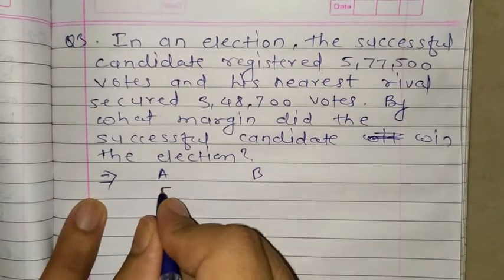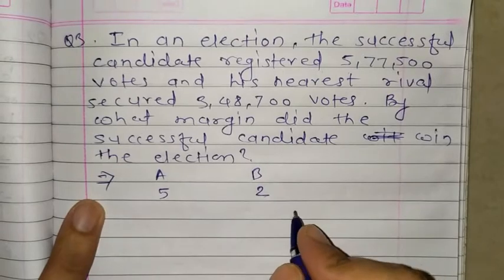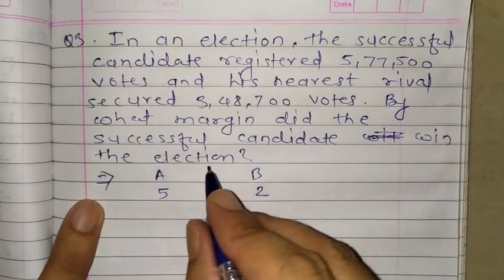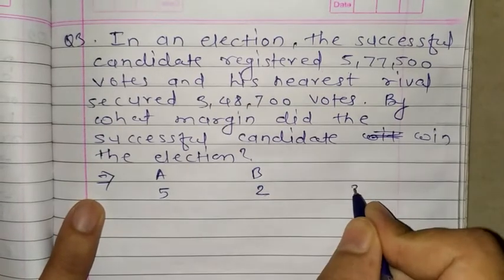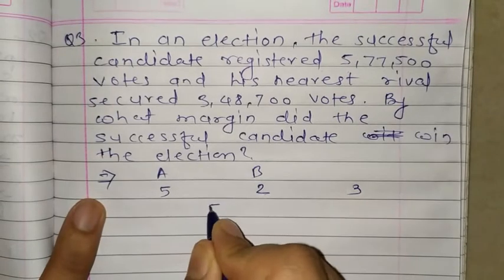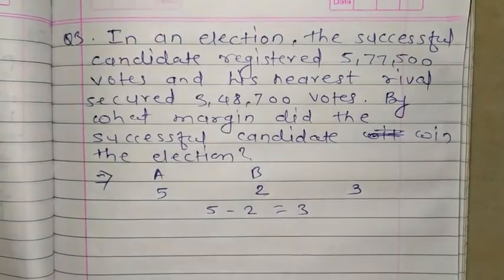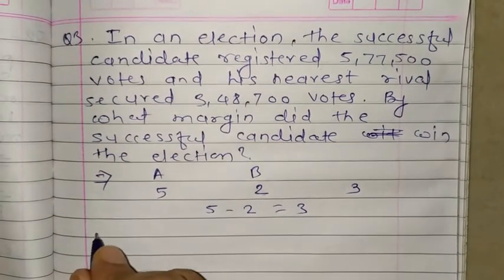A got 5 votes and B got 2 votes. So definitely A won the election. By how many votes did they win the election? Just by 3 votes. How did you calculate? Just 5 minus 2. So the required answer is 3. So the winner won the election by 3 votes. So same logic you apply in this question.